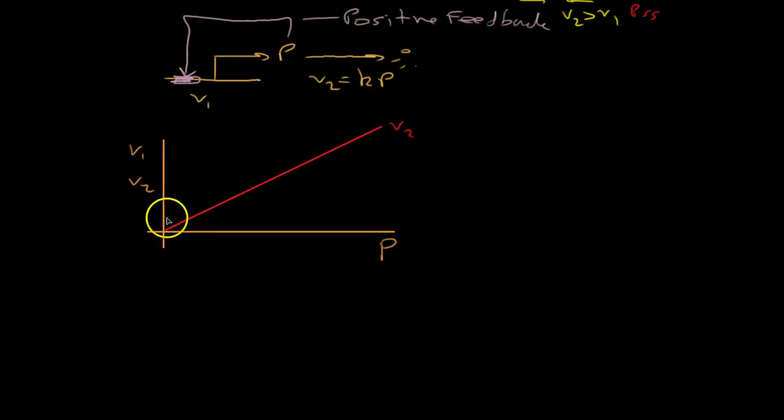Well, I know that V1 probably starts low at low P, because there isn't very much P, so there isn't much positive feedback. So the rate is probably low at low P. There are various ways I could do this. I could have a line that goes up like that, or levels off.